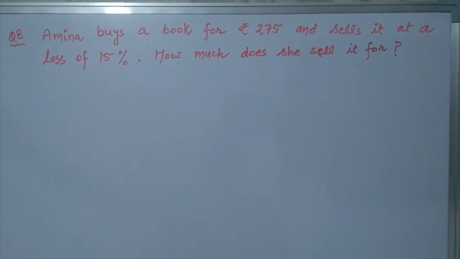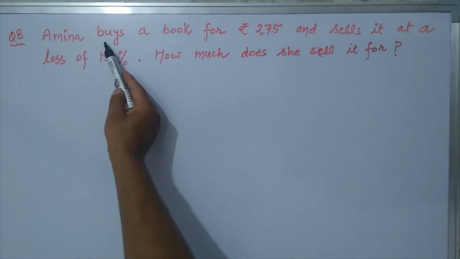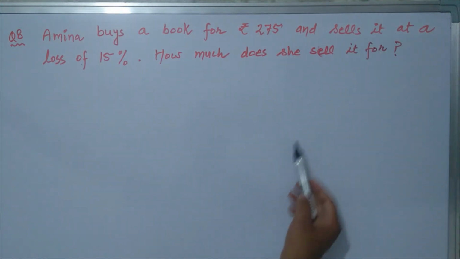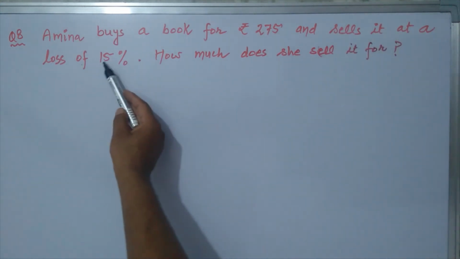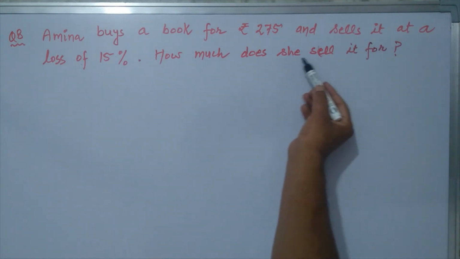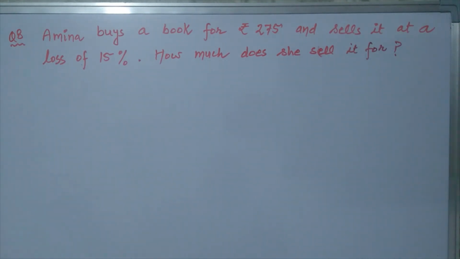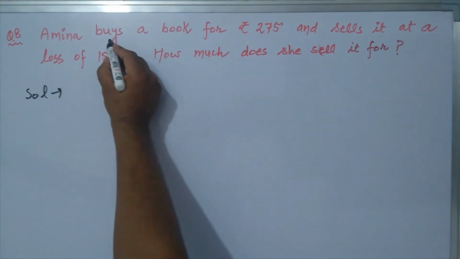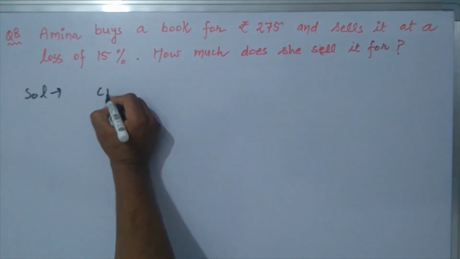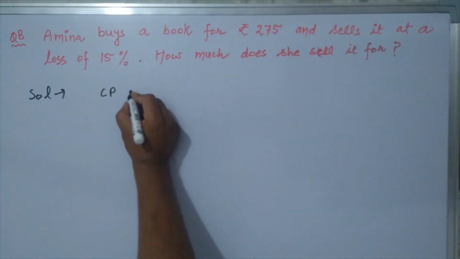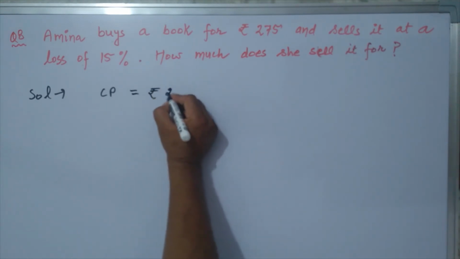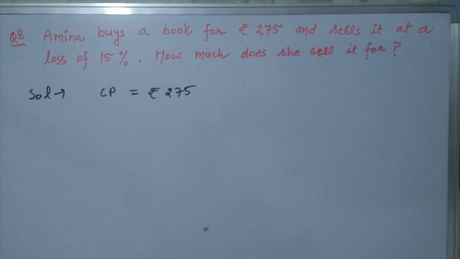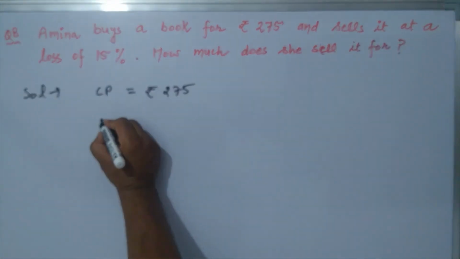Now what is there in question number 8? Amina buys a book for rupees 275 and sells it at a loss of 15%. How much does she sell it for? This is the question. So firstly we have cost price. Buys a book for rupees 275. This is the cost price. Second, sells at a loss.